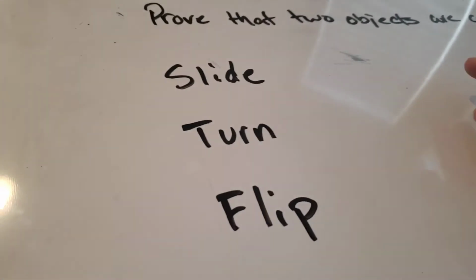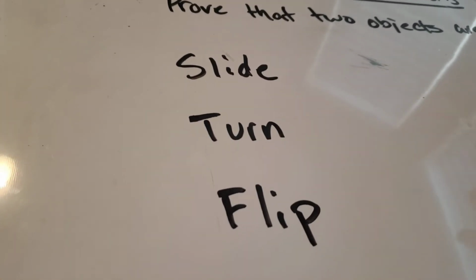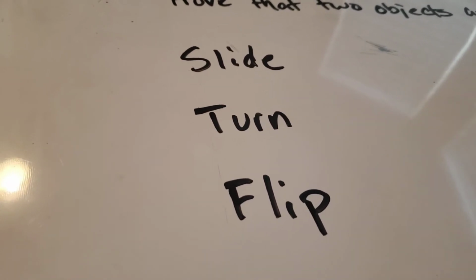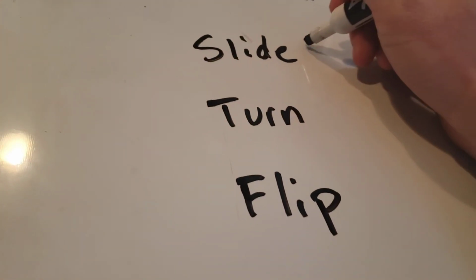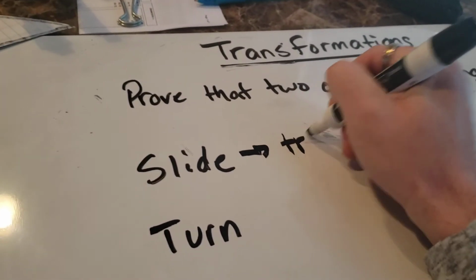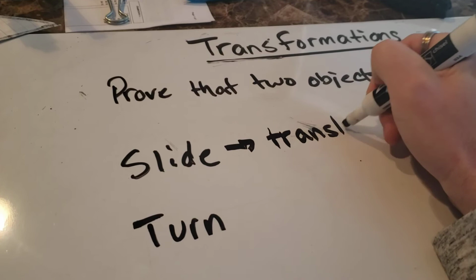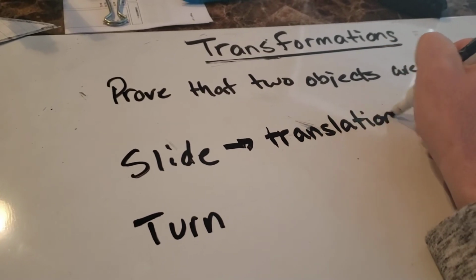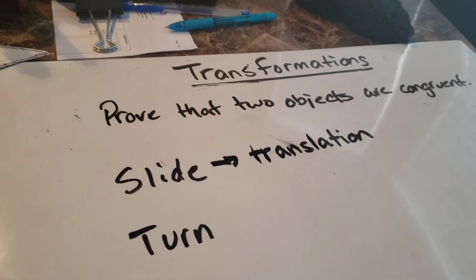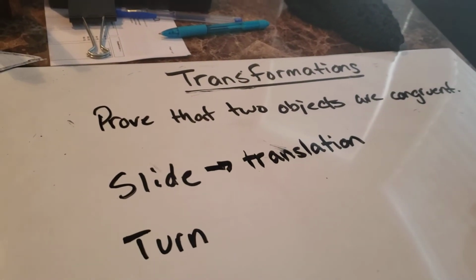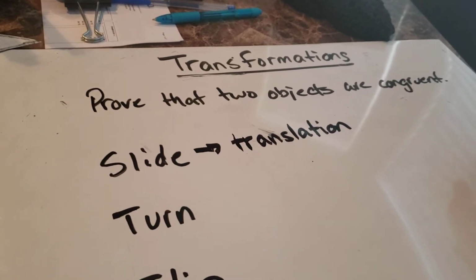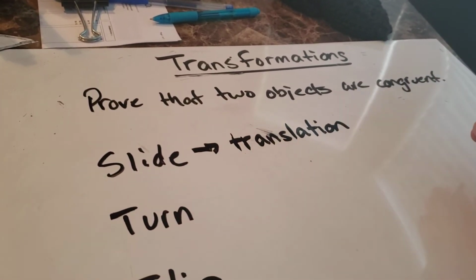Now, there are technically more mathematically appropriate terms for these 3 movements. A slide, we actually call in math a translation. We're translating it. We're moving it across, right? The prefix trans, we said change. It also can mean across, right? If you translate something, you're moving it across. Like you're translating a language, you're moving it across from one language to another.